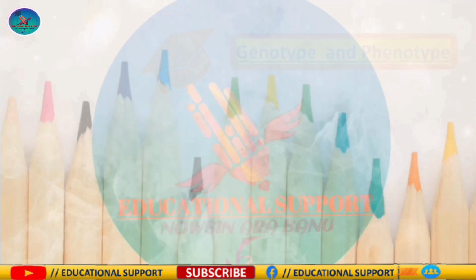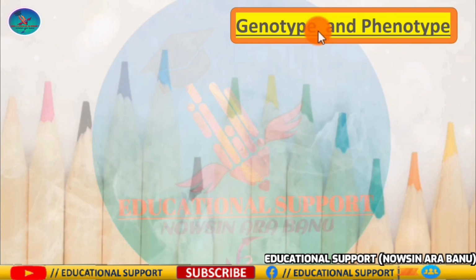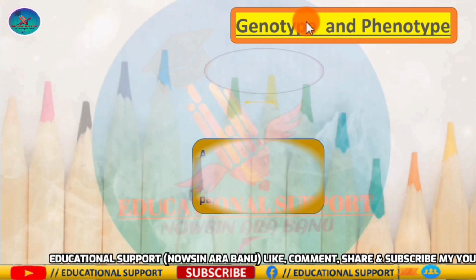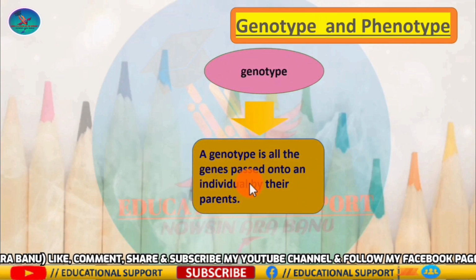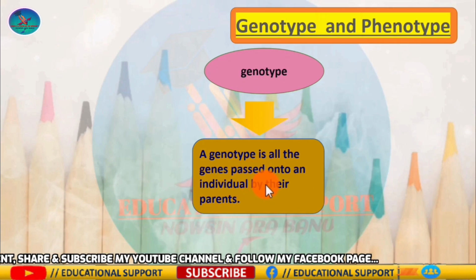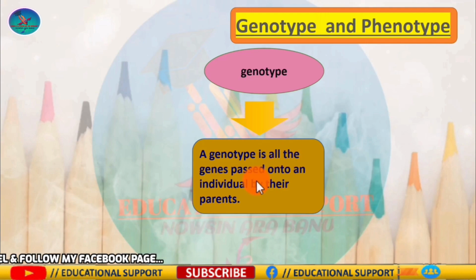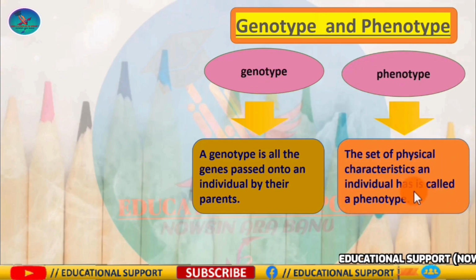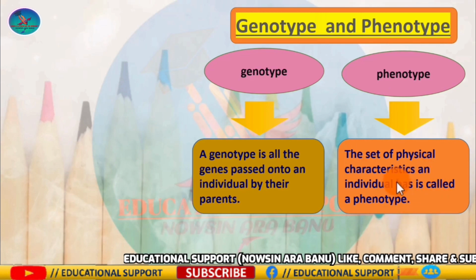Do you know what genotype and phenotype are? A genotype is all the genes passed on to an individual by their parents. But not all of the genes you carry end up being translated into visible traits. The set of physical characteristics an individual has is called a phenotype.